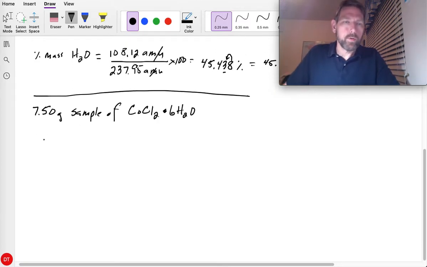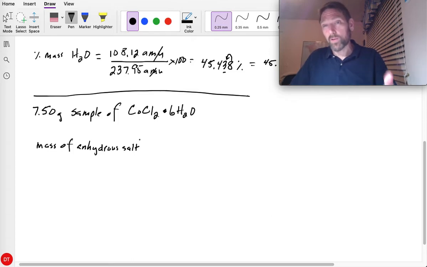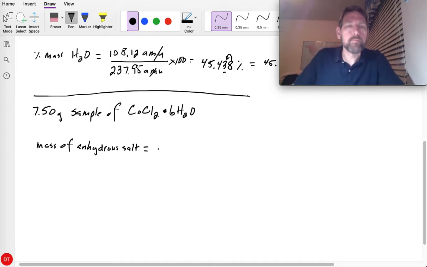All right, so the mass of anhydrous salt, you could also say the anhydrate, that would be the same thing, right? Would equal, let's see, I'm going to be even more specific, put comma, and put CoCl2 so we know specifically what it is. So let's think about it.